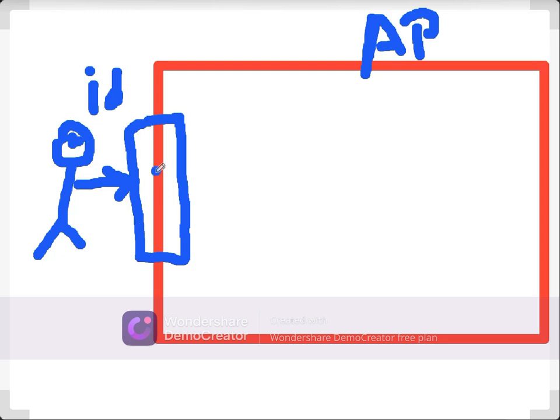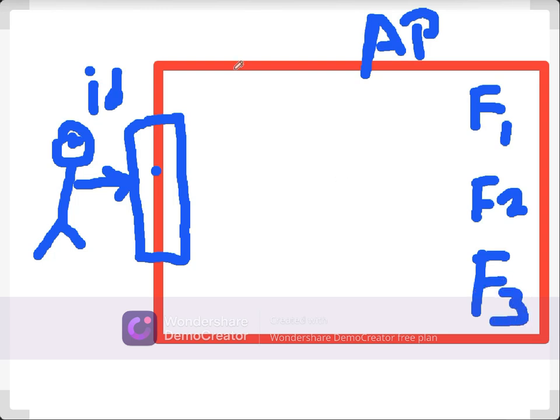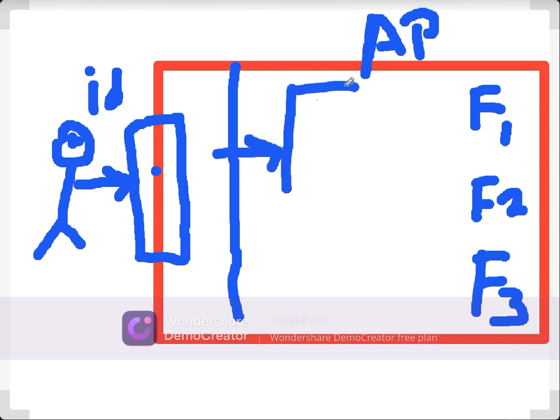Now once you are done with this, let's say there are multiple flights in an airport, right? There is F1, F2, F3, a lot of flights, but you have to go to only one of them. So now authorization comes into the picture at this second phase. Once you are done with this part, you go to the boarding service and get your boarding pass.